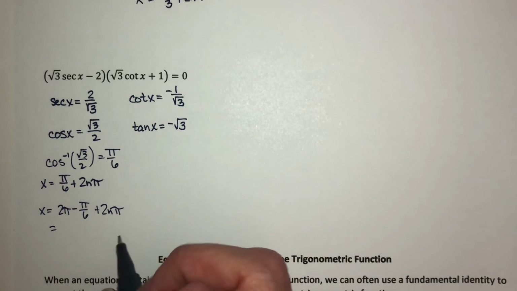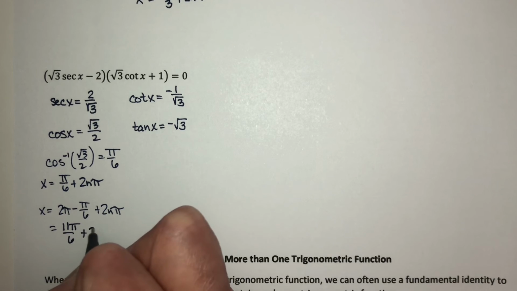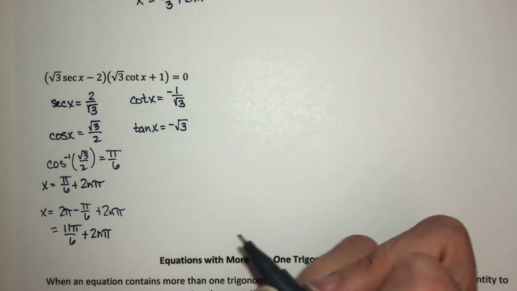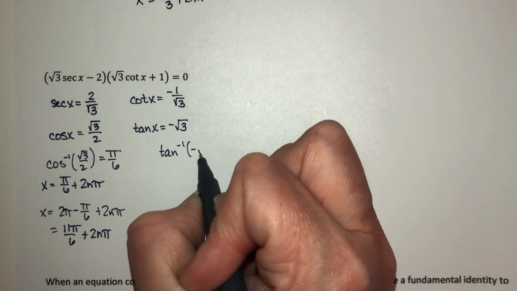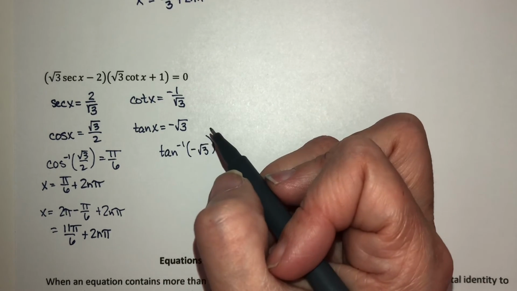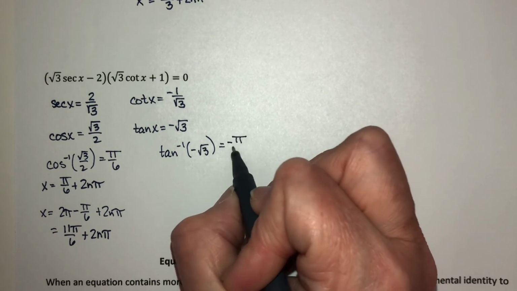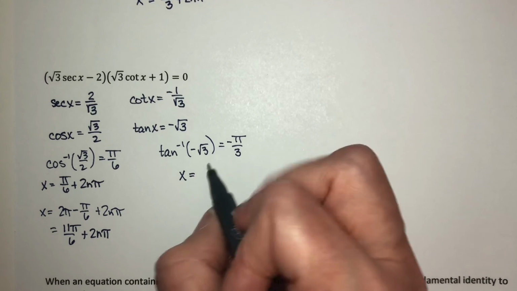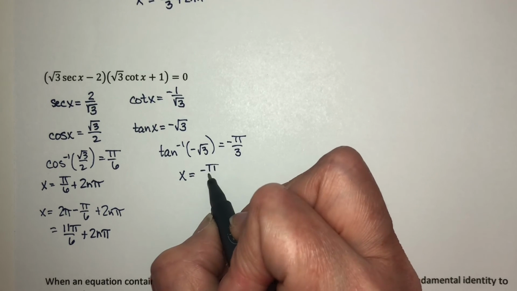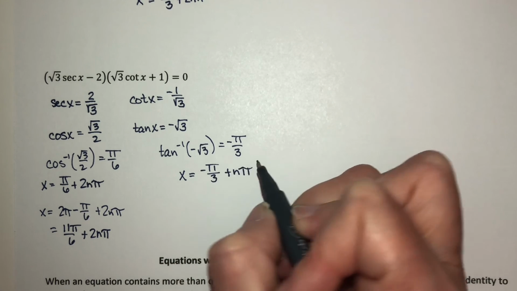And that ends up being 11 pi over 6 plus 2n pi. Now, inverse tangent of negative square root 3 gives me a solution of negative pi over 3. Now, for tangent, our x values are our alpha, which is negative pi over 3 plus n pi.